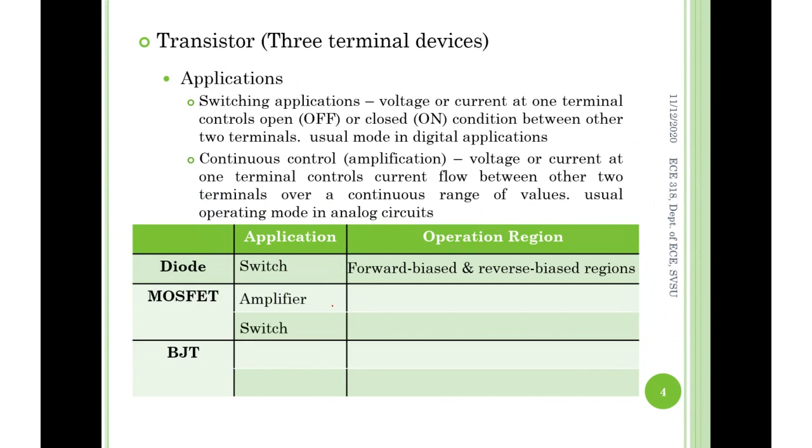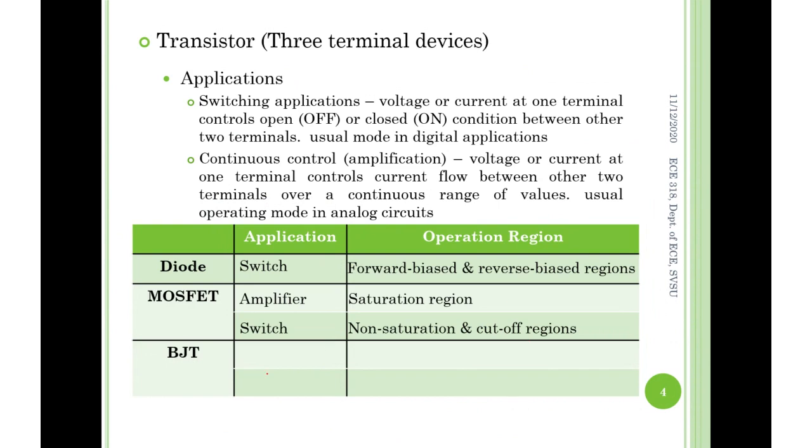To work as an amplifier, you need to make sure your DC circuit is biasing your Q point in the saturation region. To work as a switch, you need to bias the Q point in the non-saturation region. Of course, if you bias your Q point into the cutoff region, the transistor is off.